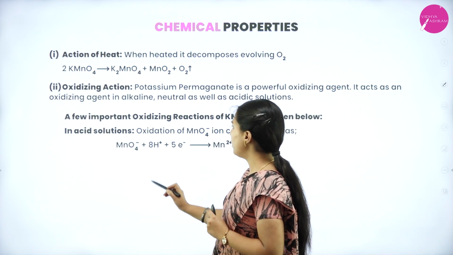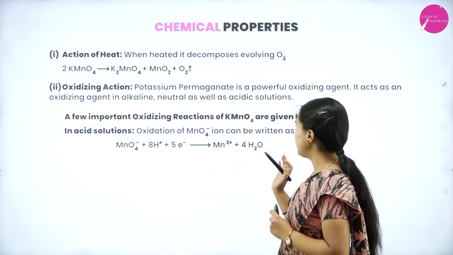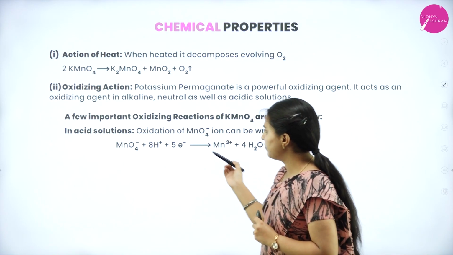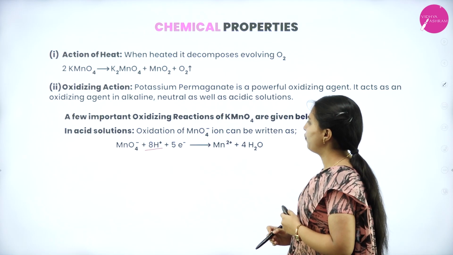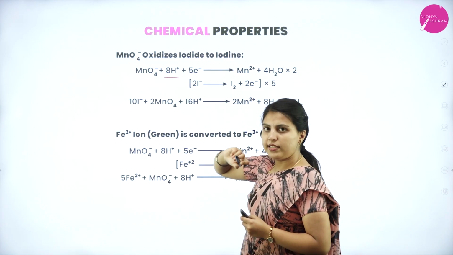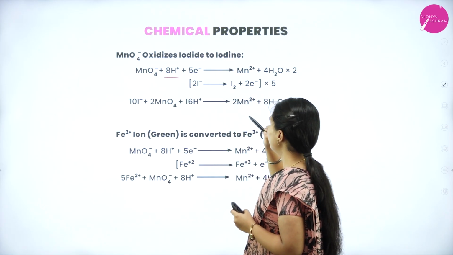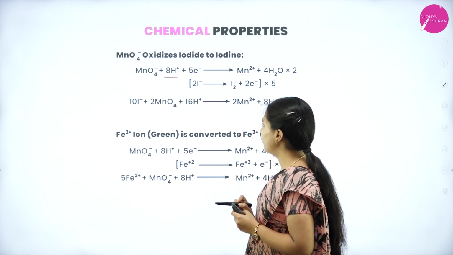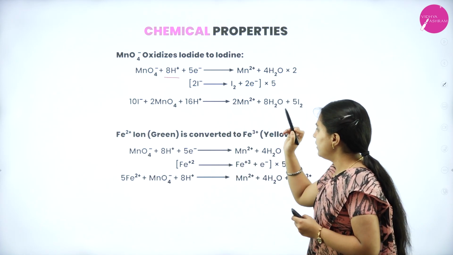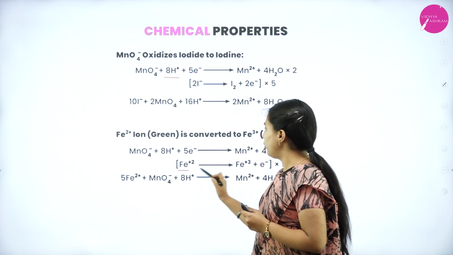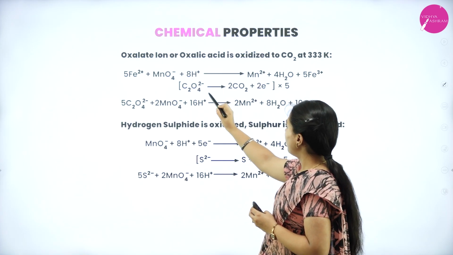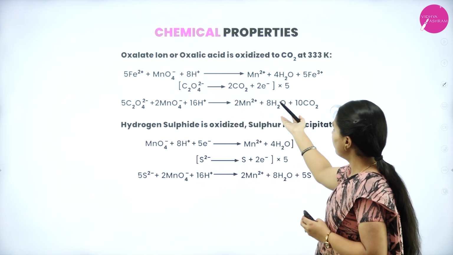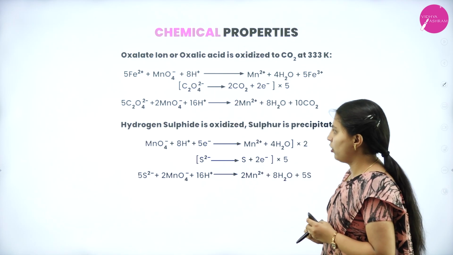In acidic solution, the reduction of MnO4 minus ion can be written as, this is in acidic medium, Mn2 plus will be formed. This is also in acid medium, iodide to iodine. And in the same acidic medium, Fe2 plus will be converted into Fe3 plus. Oxalate ion will be converted into carbon dioxide.